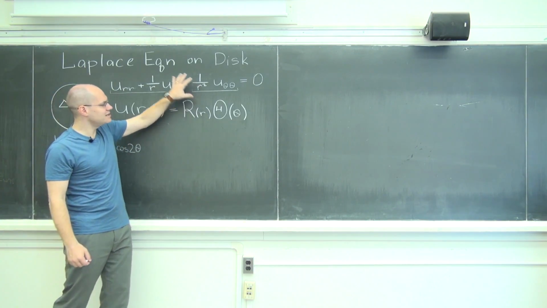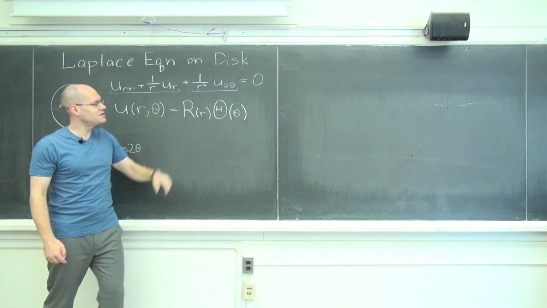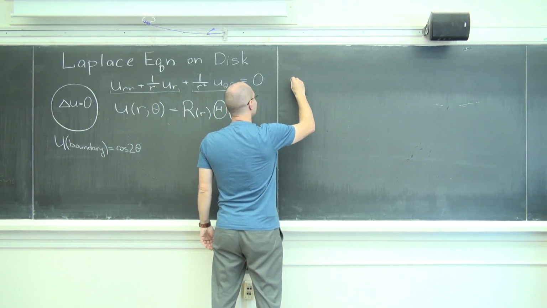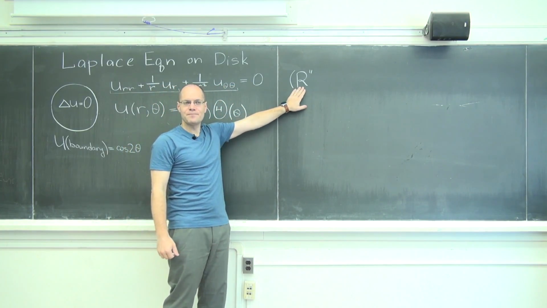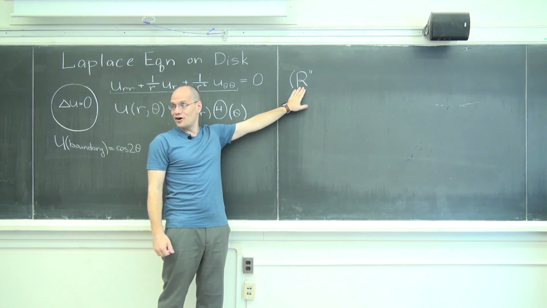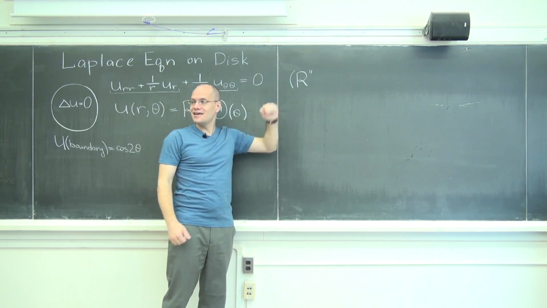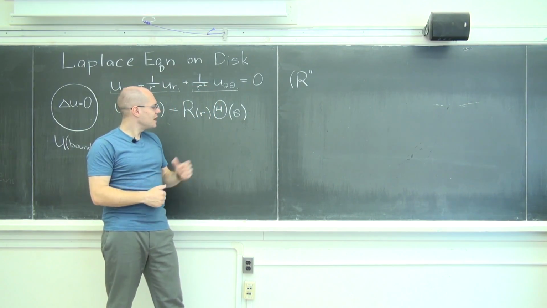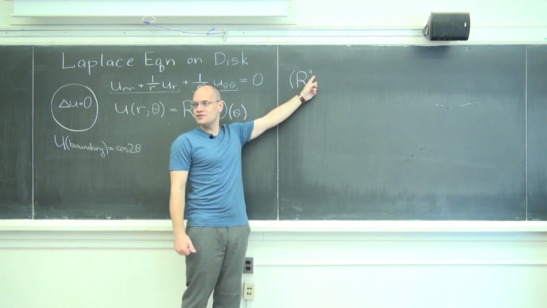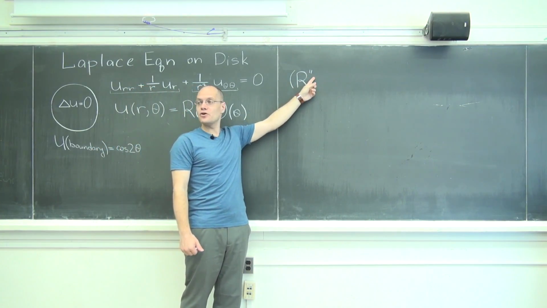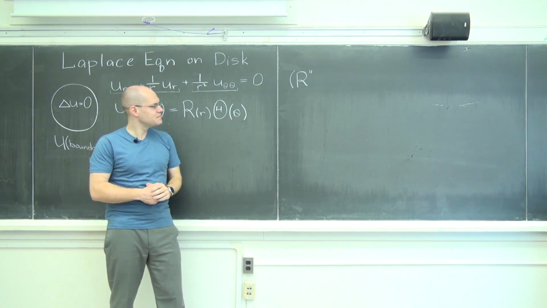So when we plug this into the Laplacian, here's what we'll get. I will drop the argument. When you see R, it's a function of little r. And when you see capital Theta, it's a function of little theta. And because they're ordinary functions of one parameter, I can write the ordinary derivative. So we'll end up with ordinary differential equations.